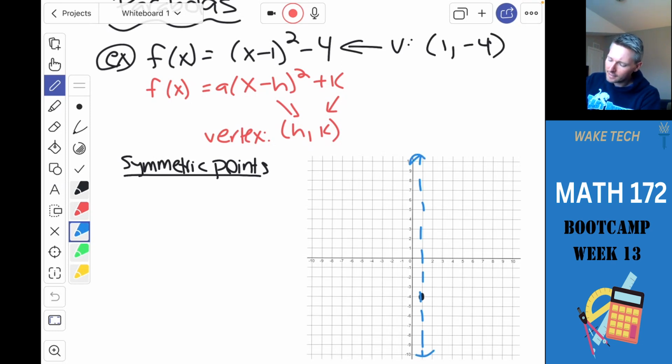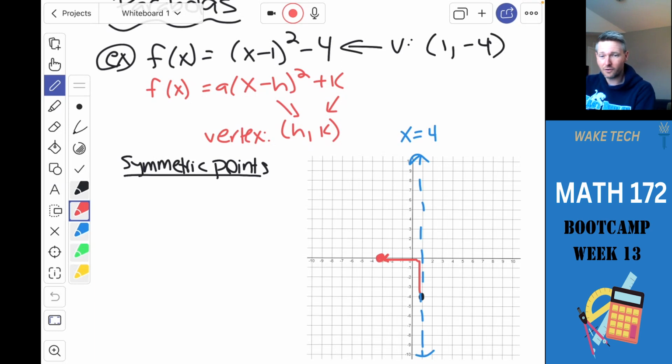In our case, the axis of symmetry is the equation x equals 1. And so the symmetric points come from saying, if we travel from the vertex 4 units up and 3 units to the left, and that point is on the parabola, then its symmetric point is on the parabola as well.